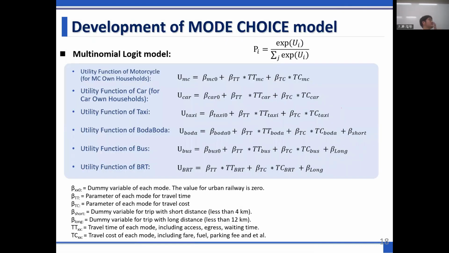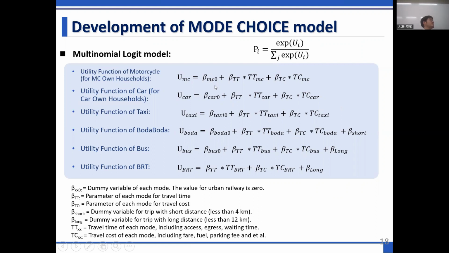When you develop the multinomial logit model in these cities, the utility functions for the alternatives can be considered like this: travel time and travel cost, and so-called dummy variables for each mode.